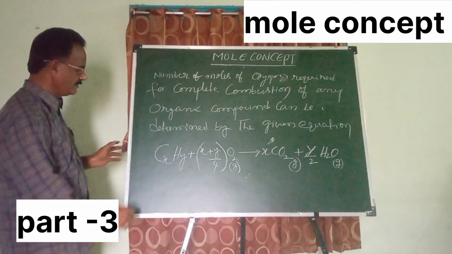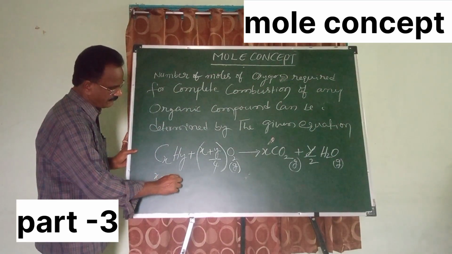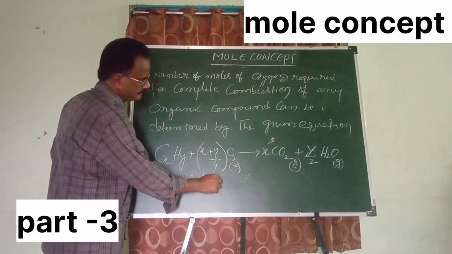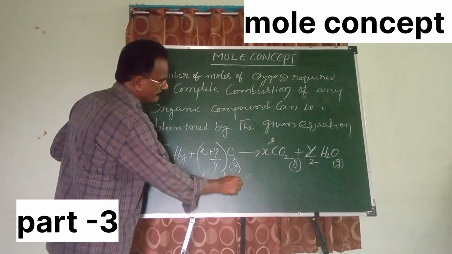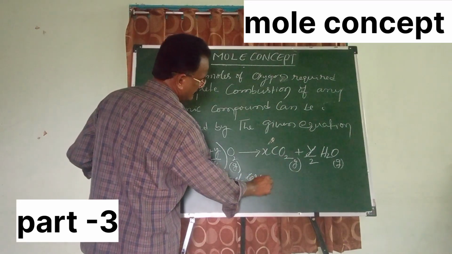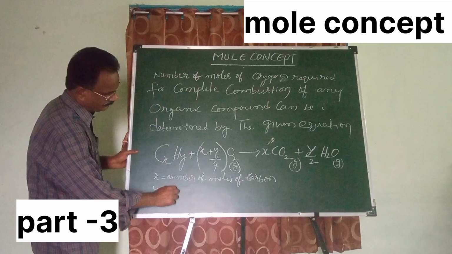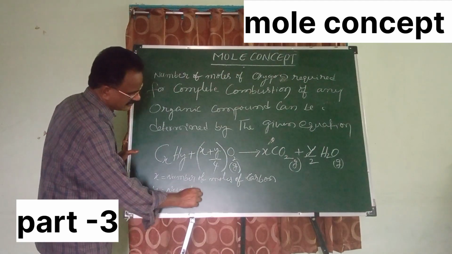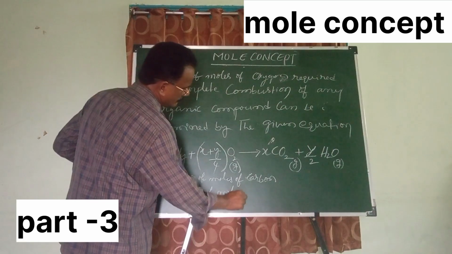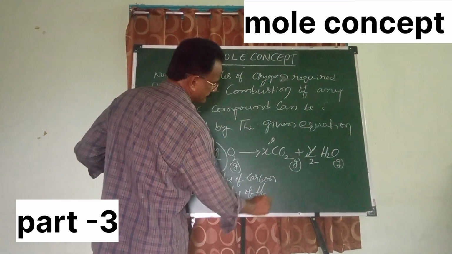Here it is clear that x is equal to the number of moles of carbon, and y is equal to the number of moles of hydrogen.